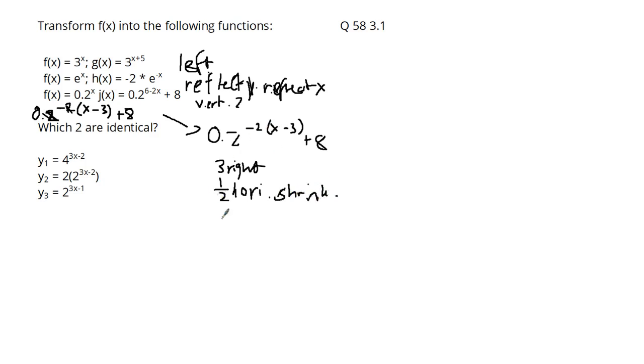You see the negative, so it'll be y reflect, and then you see the 8, so it'll be 8 up. Right? 8 is outside of the function, so it'll be 8 up.